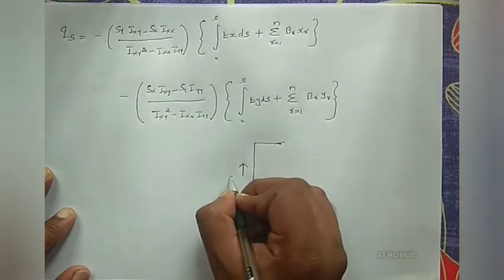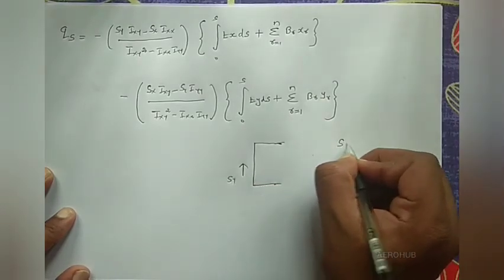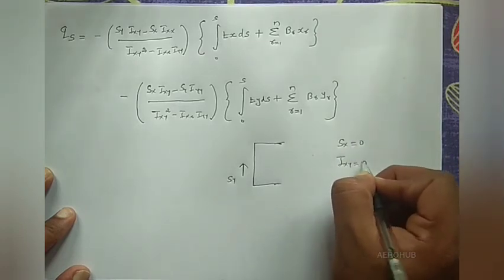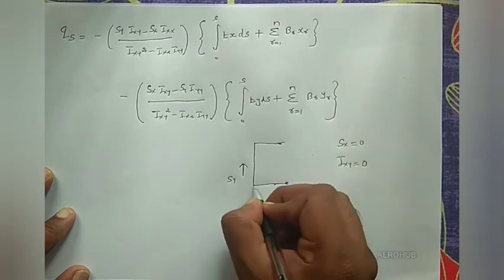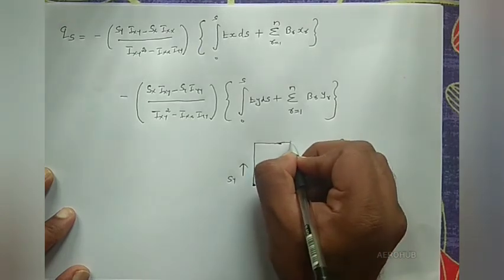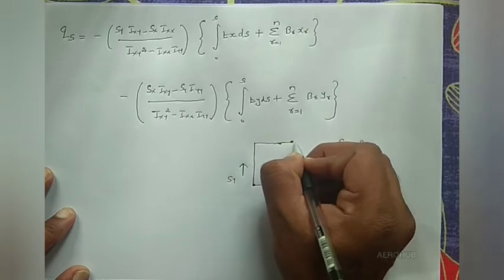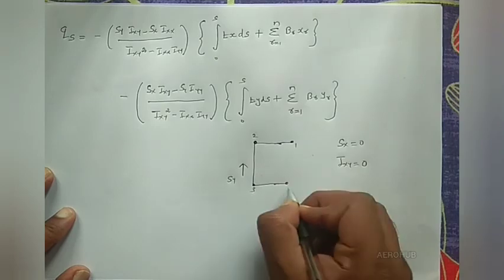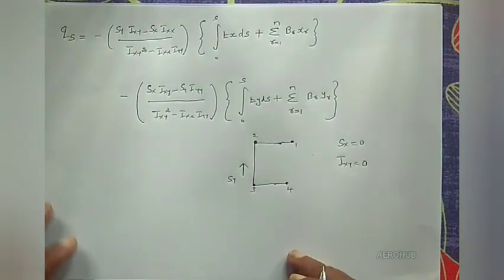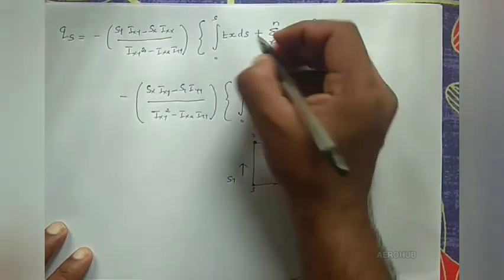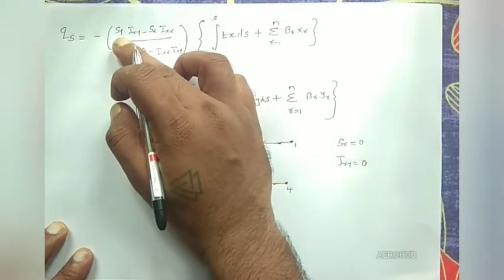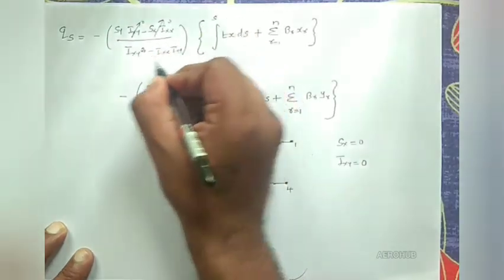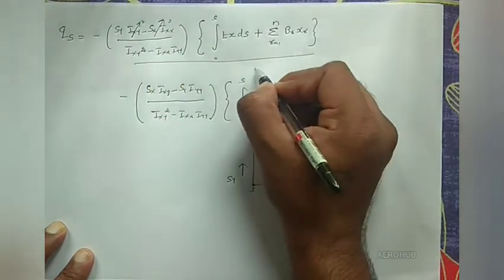The load is applied in the y direction, so Sx will be equal to 0 and Ixy will be equal to 0, and it is completely idealized. That means the skin cannot carry the direct stress, and the bending stress is carried by the boom areas. So for this section, Sy is there, Ixy is 0, Sx is 0, so this entire part becomes 0.